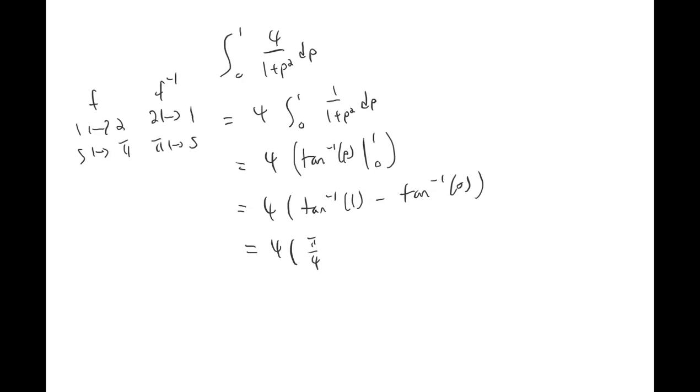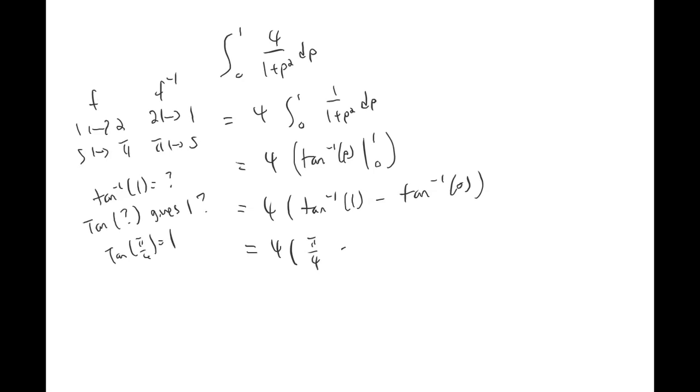So tan inverse of 1, the question mark is: tan of what gives 1? You're going backwards. You're asking, tan of what angle gives 1? And you see that it's pi over 4. That's how you get pi over 4.